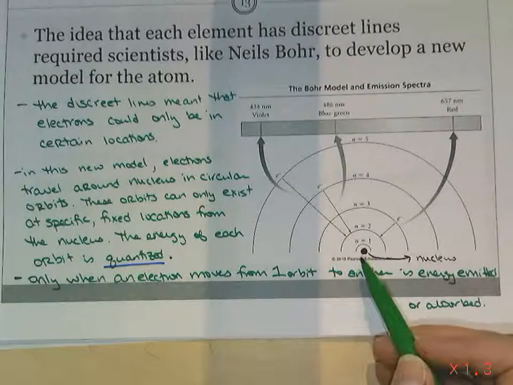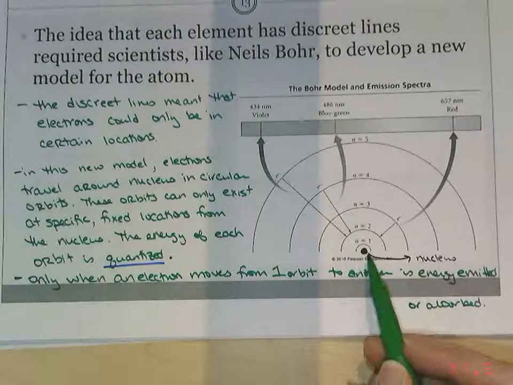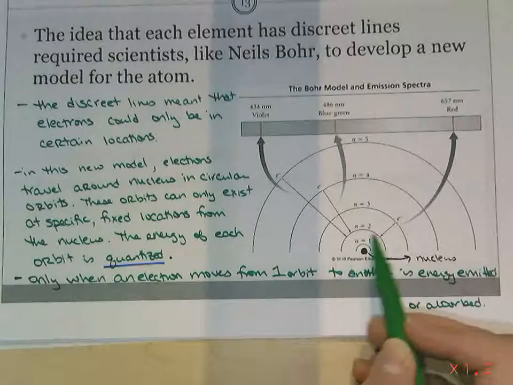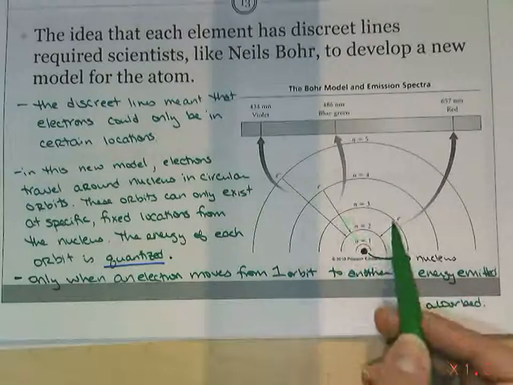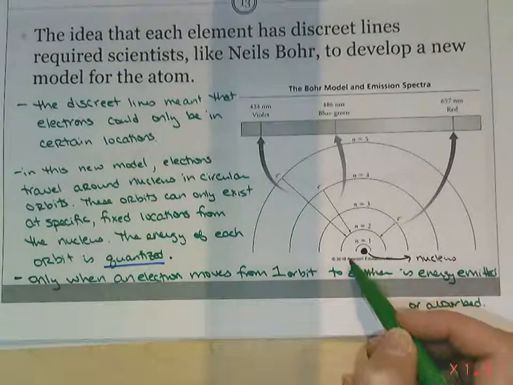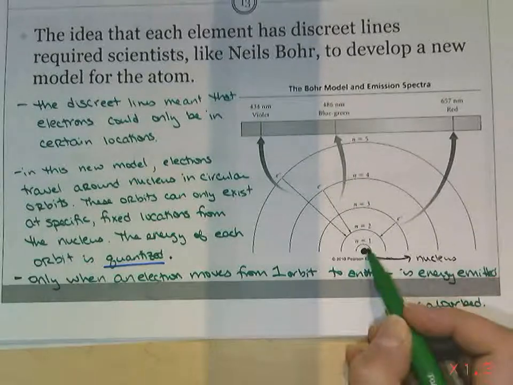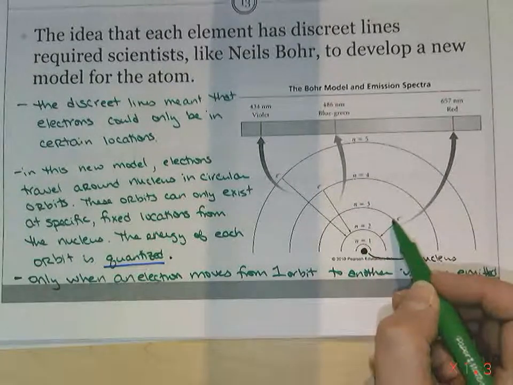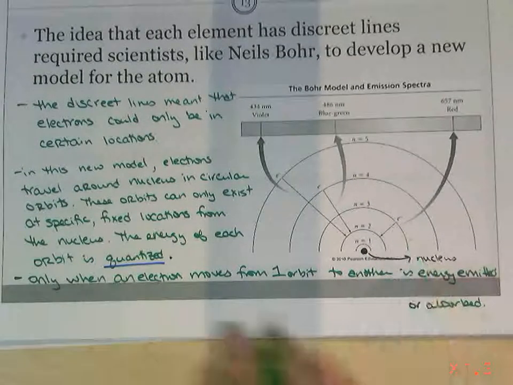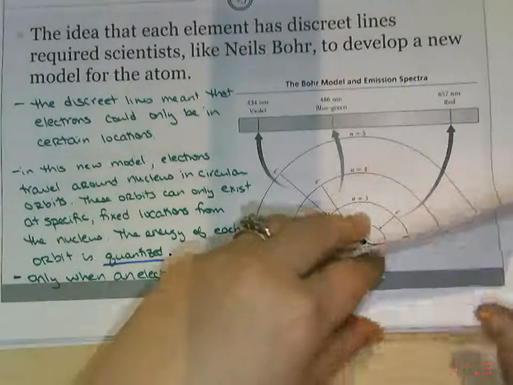We're going to talk about what these letters mean in a second. The next one out is 2, then 3, then 4, then 5, right? So the closest one is 1, the farther away you get, the bigger the number. Since I can only be on a track or on a different track, I can't be in between tracks.